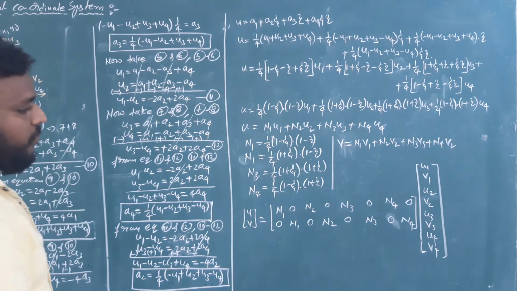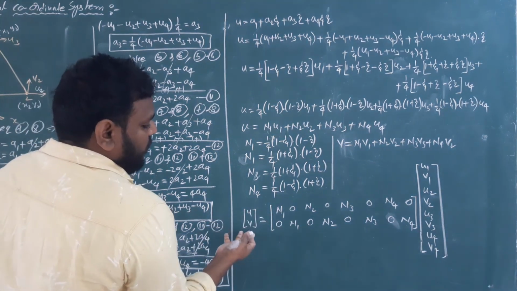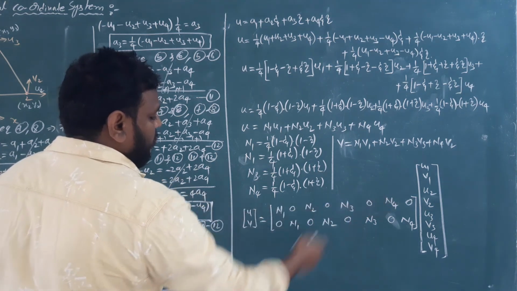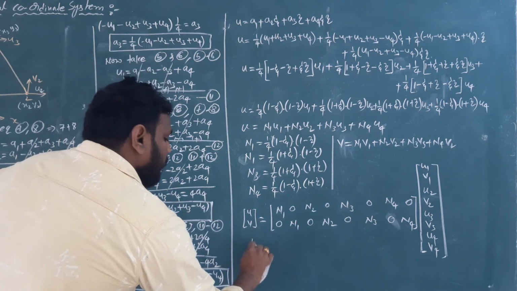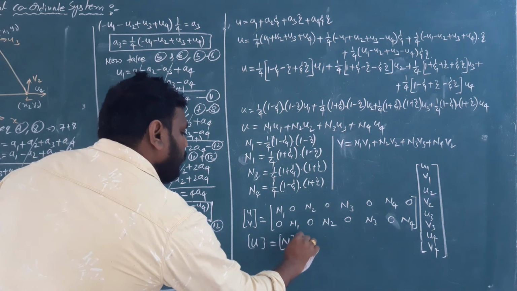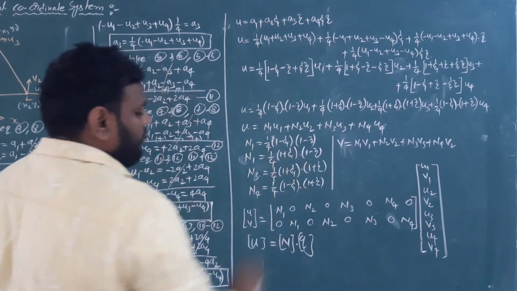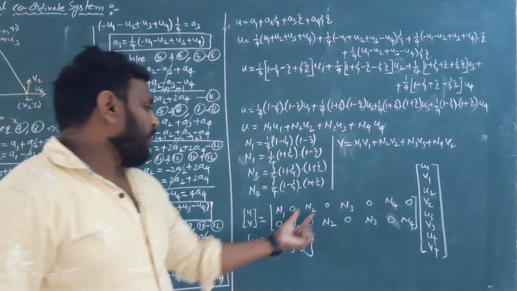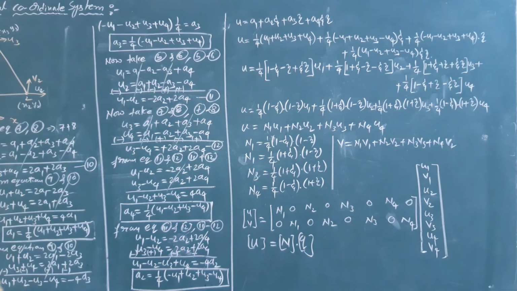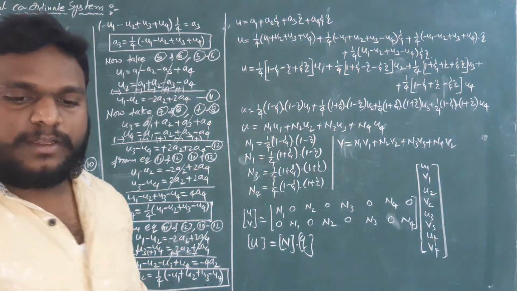This is the relation between the shape functions and the nodal displacements, giving the interior displacement. The displacement u is equal to n into q, where n is the shape functions and q is the nodal displacements. This is the process of deriving shape functions.